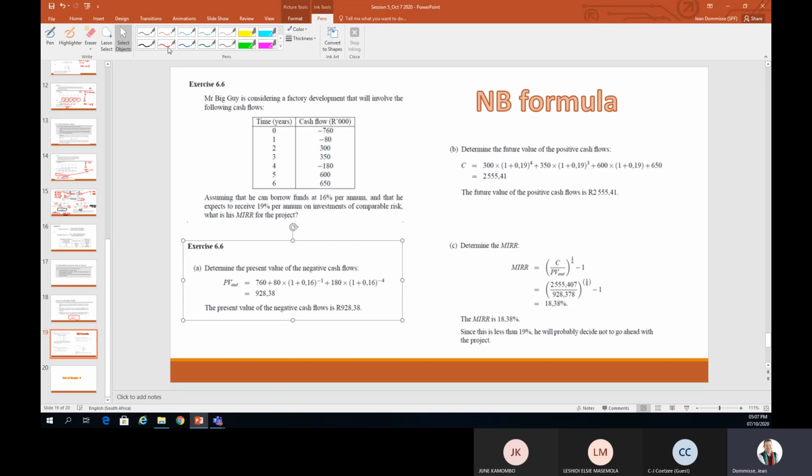That is the first thing that we need to do, then that is the second thing, and that is the third step. The first thing we need to do is work out your present value.